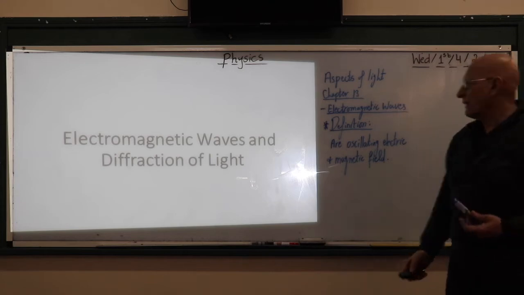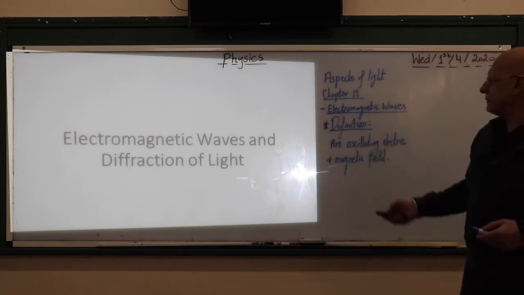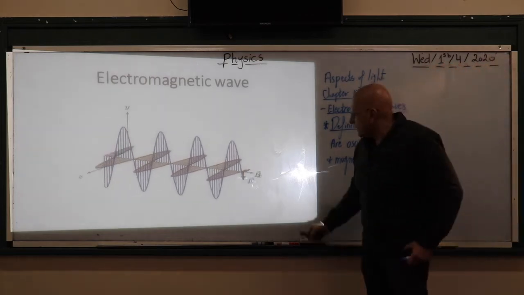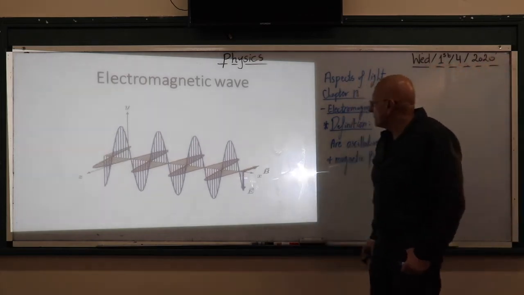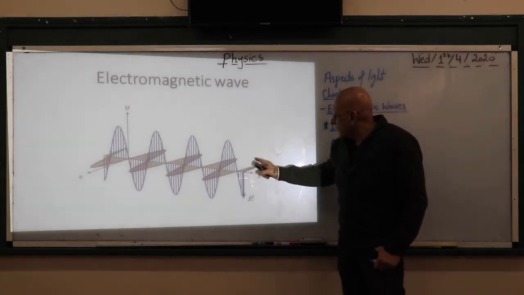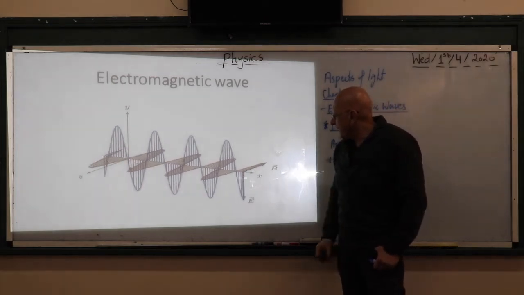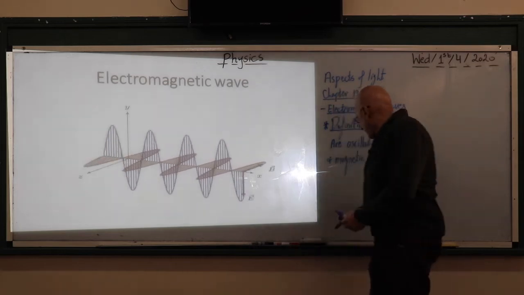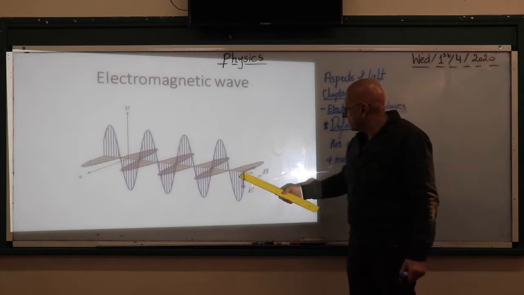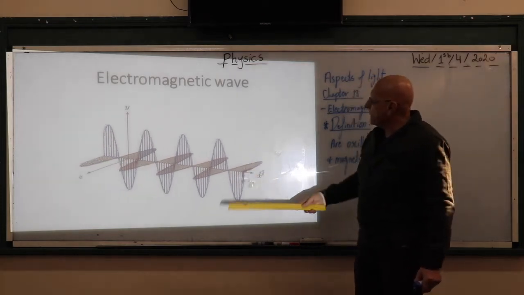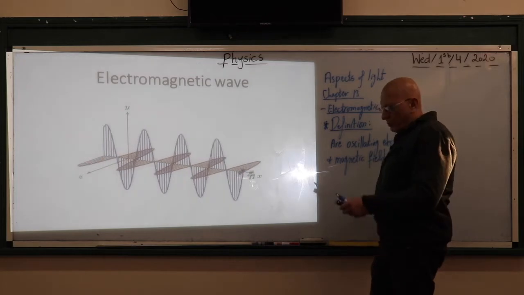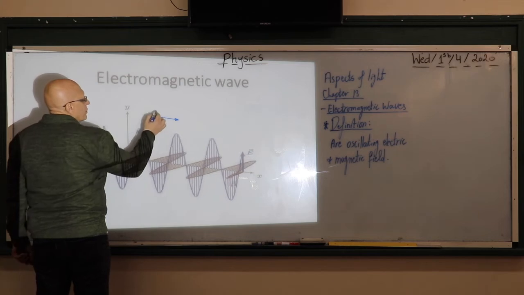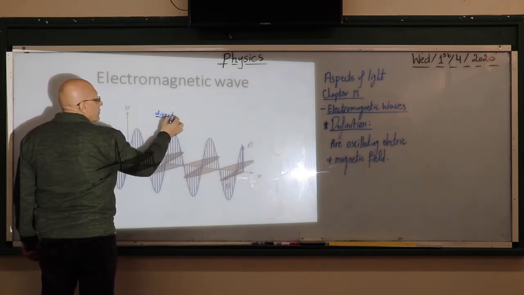Let's see the figure here. You notice here that there are an electric field and a magnetic field oscillating, as you see. They are perpendicular to each other and perpendicular to the direction of propagation. This is the direction of propagation of the wave, parallel to the x-axis.